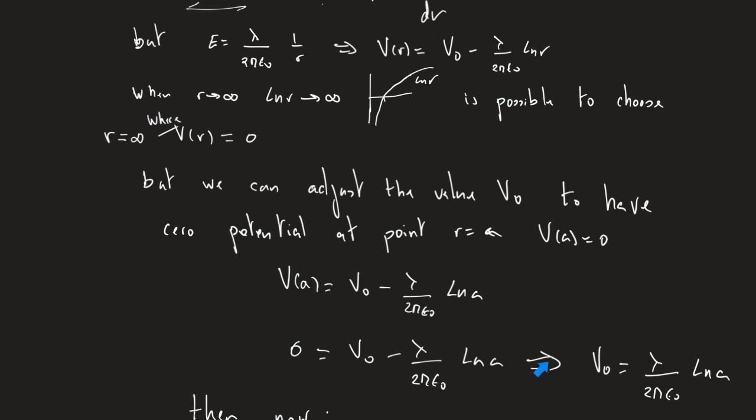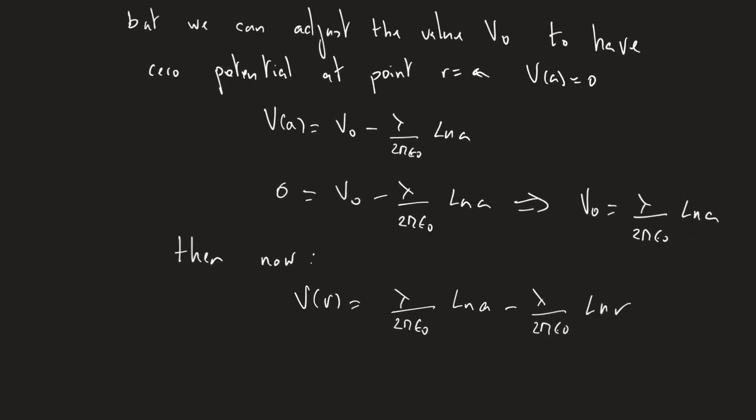So this equation allows me to find V0. Now V of r will be the equation that I wrote: V of r is V0 minus lambda over 2 pi epsilon 0 log of r. Okay, and this is the equation.